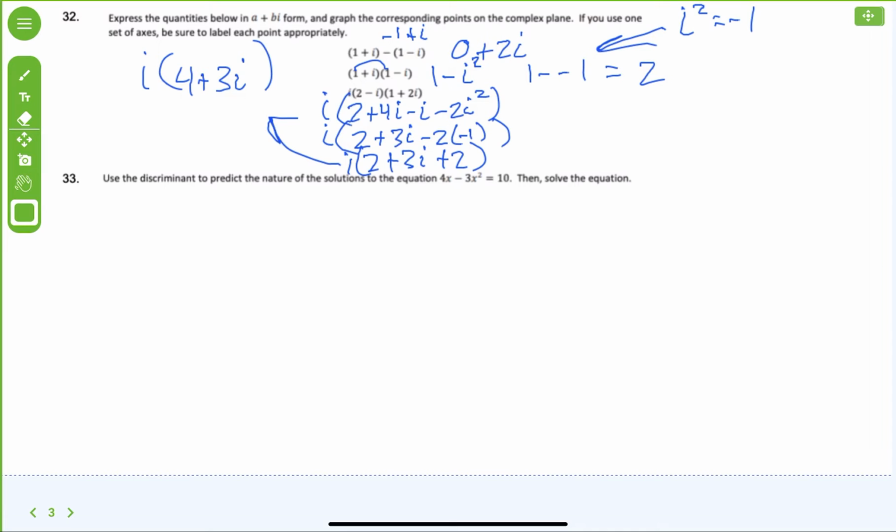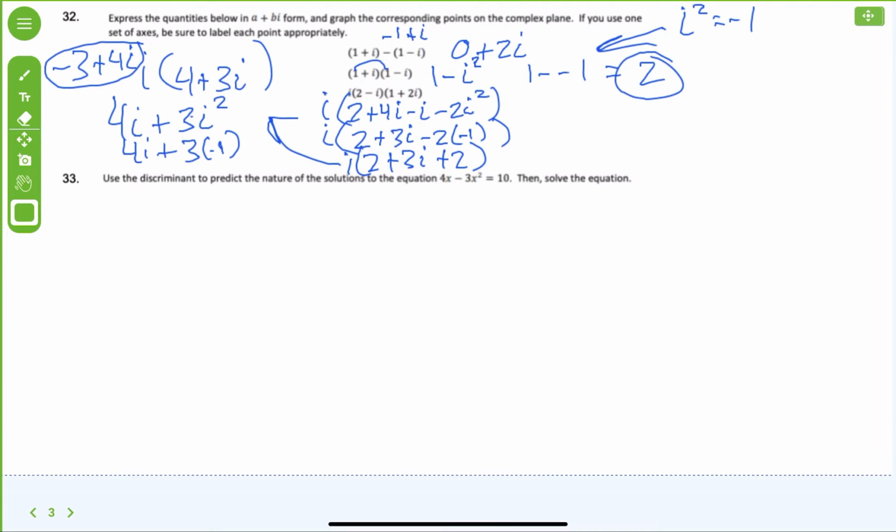So if we do that times i, that's going to be 4i plus 3i squared. Sorry, that's going to be 3 times negative 1 plus 4i. So that's actually going to be a negative 3 plus 4i.